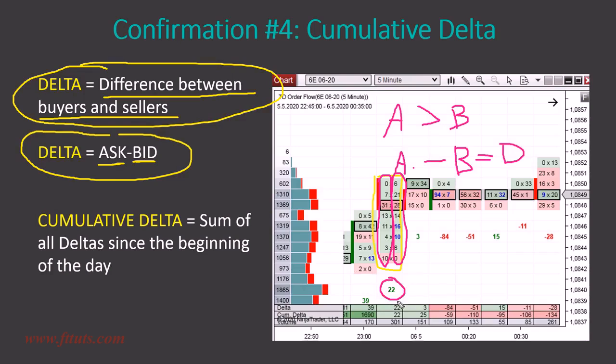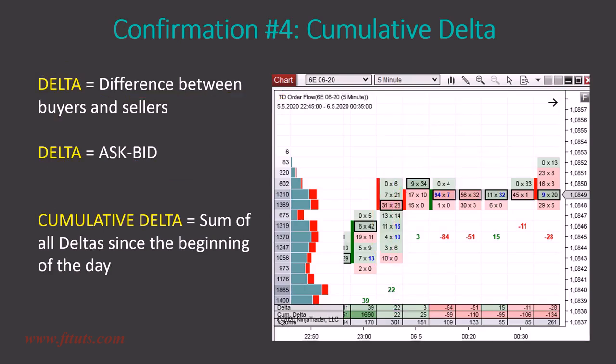You can see the delta below each footprint, also in here in the summary. Now, what you can also see in the summary is cumulative delta. And the cumulative delta is the sum of all deltas since the beginning of the day. So this is the beginning of the day in here. So the delta of this footprint is 22.